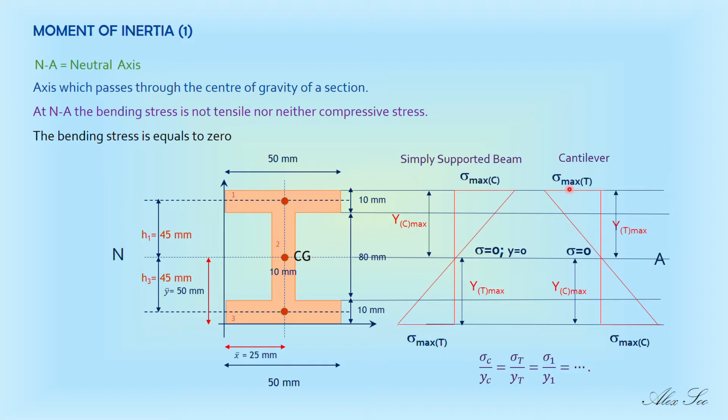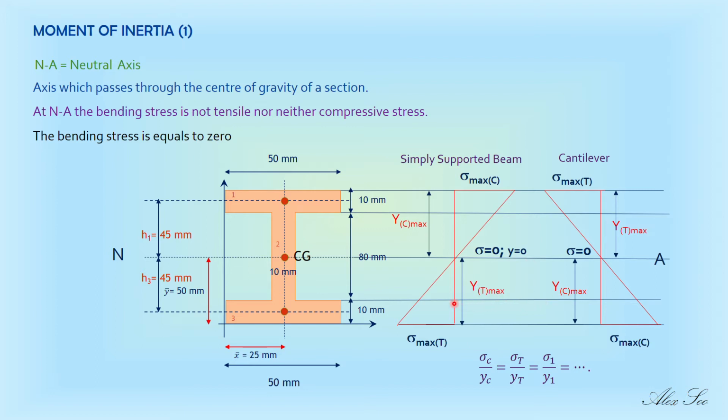Now, to locate the maximum bending stress, either compressive or tensile, or to locate the minimum bending stress, let's say I want to find the bending stress up to this layer here, then I must know the y value. The y value is always the vertical distance that you measure from the neutral axis to the section that you prefer.